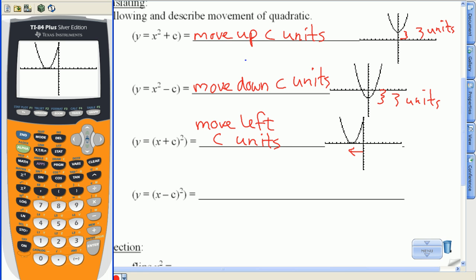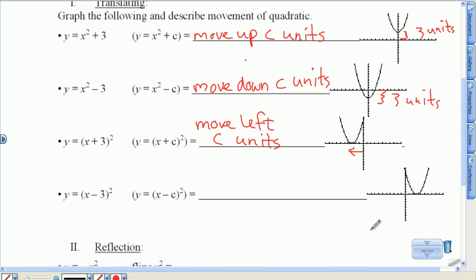In this case, 3 units with the example we have. Well, if the same relationship holds that we noticed in the first two examples, plus went up and minus went down, plus goes to the left, minus should go to the right. And if we take a look at the picture, you do see that in fact the minus goes to the right. So we're going to move to the right C units.